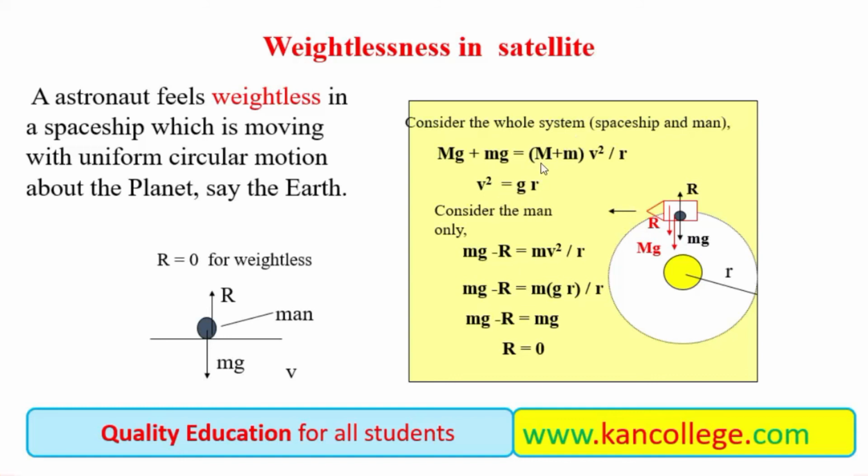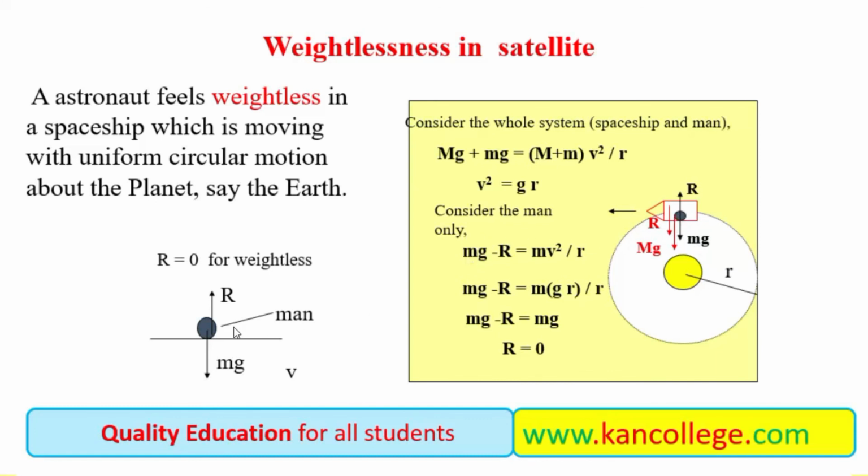Now, dividing by capital M plus small m, we get the result V square over R is equal to g, and by cross multiplication we get V square is equal to gR.